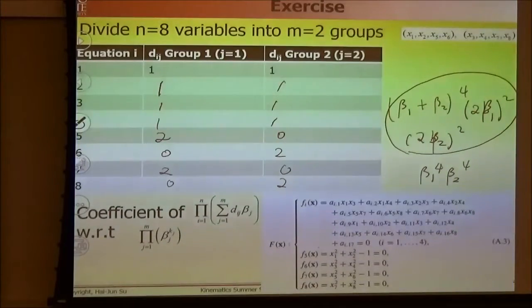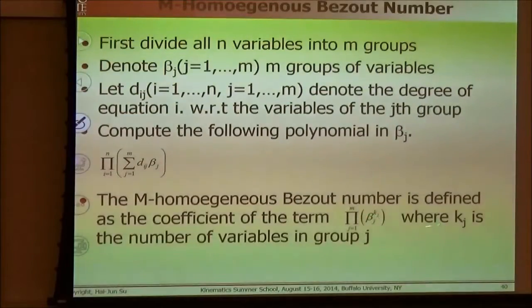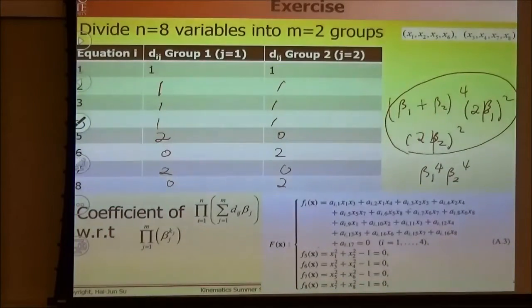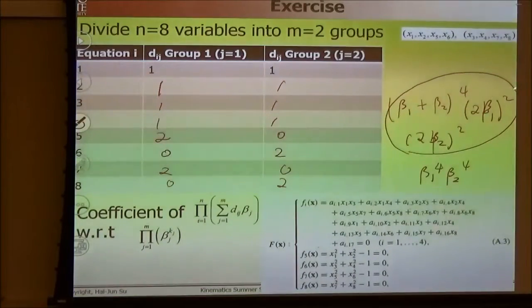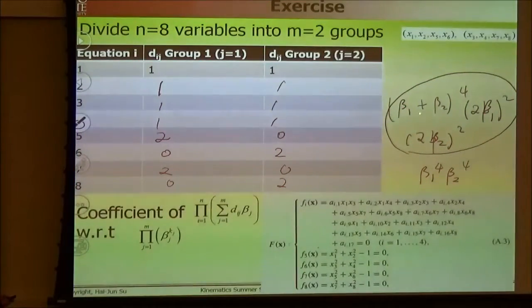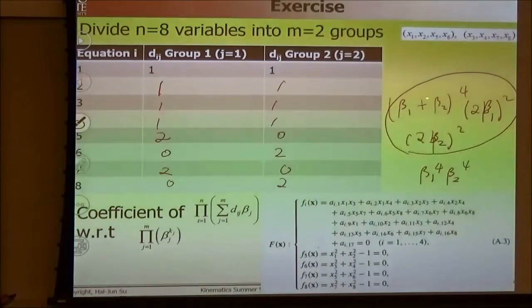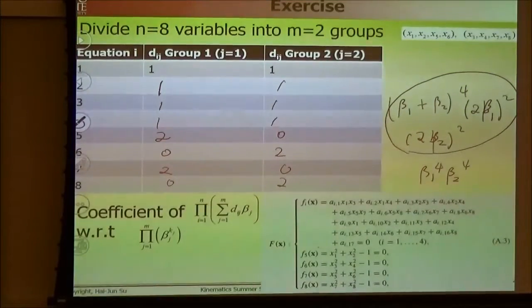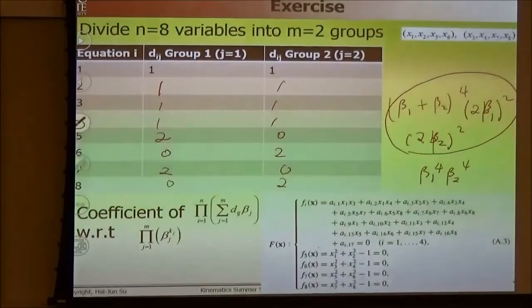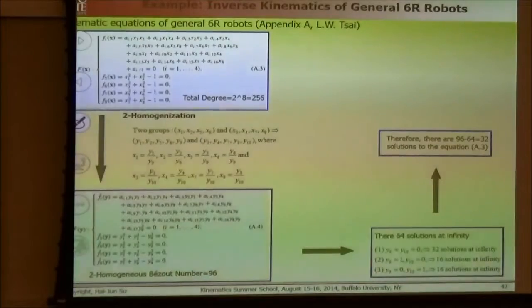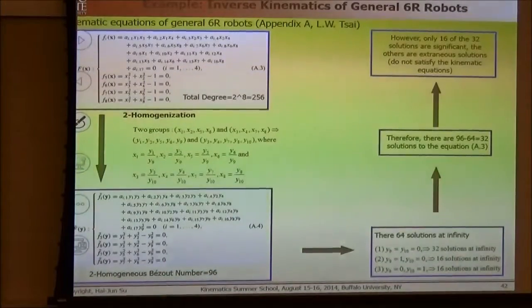Remember, k is the number of terms in the variable group j. So here I have beta 1 squared, beta 2 squared. I only need to take the term of beta 1 squared and beta 2 squared. So what's the coefficient of beta 1 squared, beta 2 squared? Well, you can do the exercise. Actually it's 96.